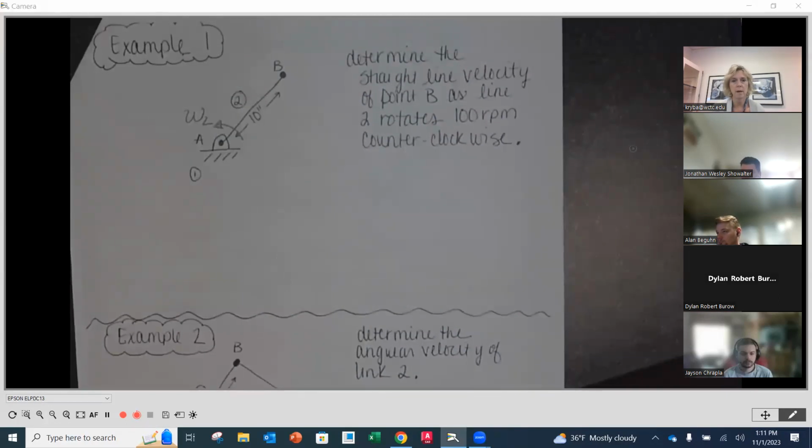Now we want to know what the straight line velocity of point B is. Go ahead and draw the velocity of point B as you would believe it to be. Just go ahead and draw it. I'll put mine in just a second, knowing what you know so far.